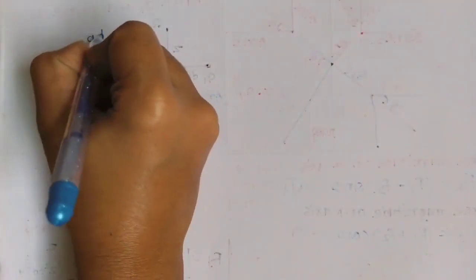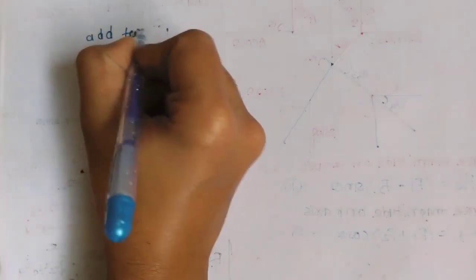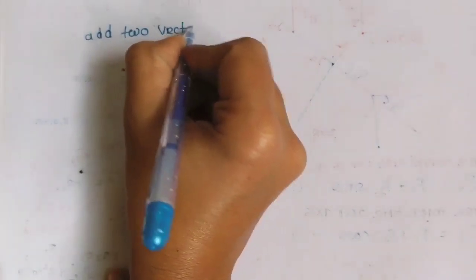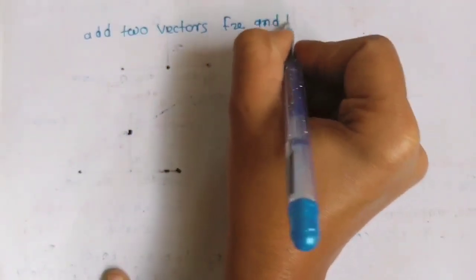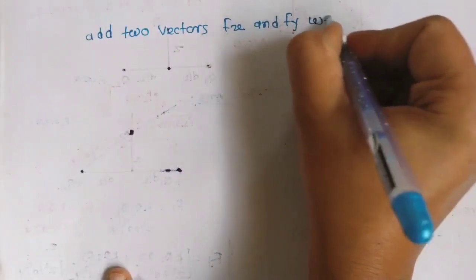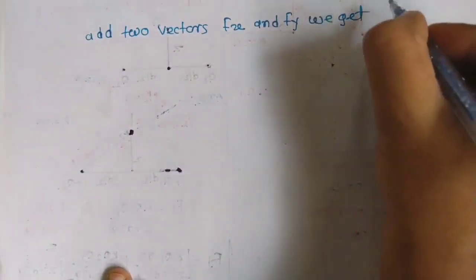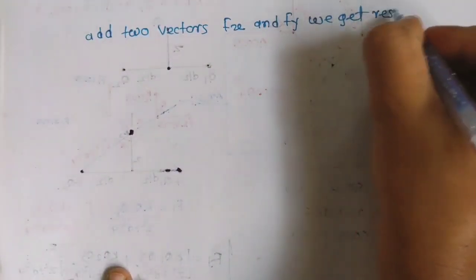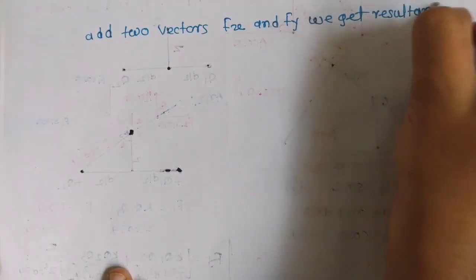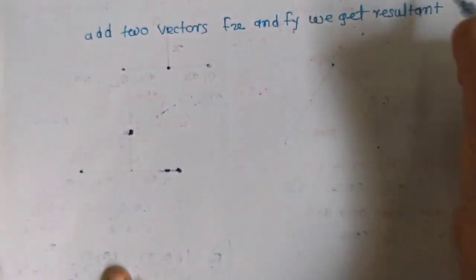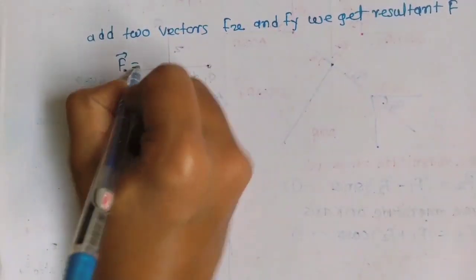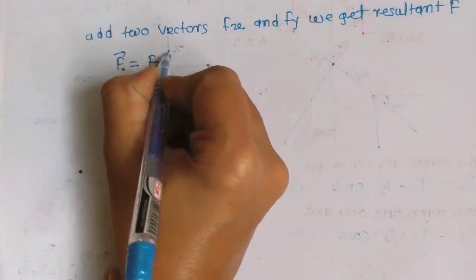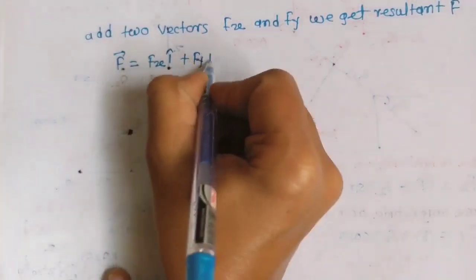By adding these two vectors fx and fy, we get the resultant force or net force on this charge, f. Resultant, that is f bar is equal to fx i cap plus fy j cap.